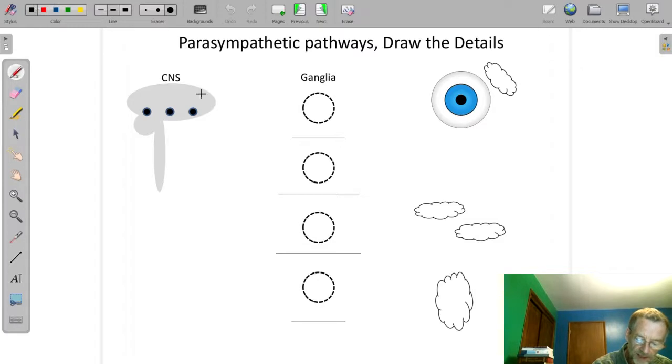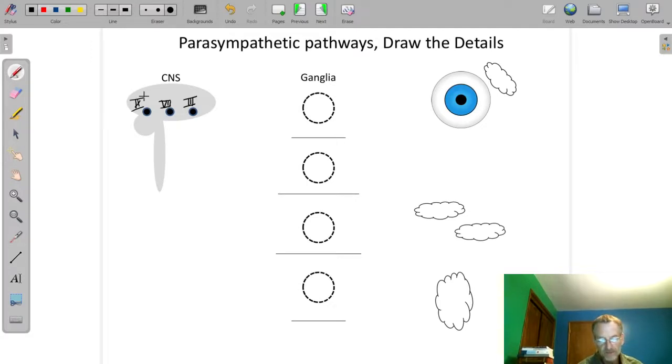So let's go ahead and identify these nuclei in the CNS as the nuclei for cranial nerve 3, and let's make this one for the facial, and number 9, the glossopharyngeal. So those are the nuclei where the parasympathetic motor pathways begin.